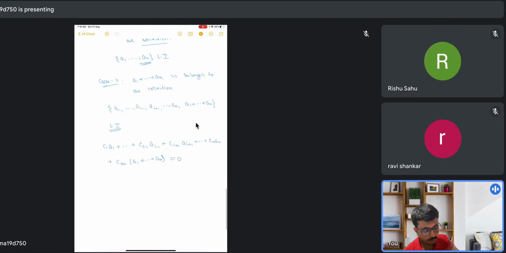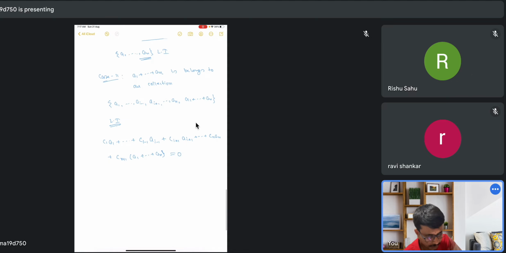So you have to prove that all coefficients must be 0. So what will we do? Try to rearrange this line.